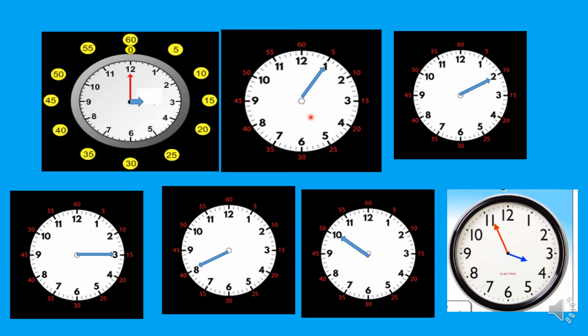Children, I already said there are 12 big divisions marked on the clock. The big divisions have 5 small divisions each. The small divisions stand for 1 minute.